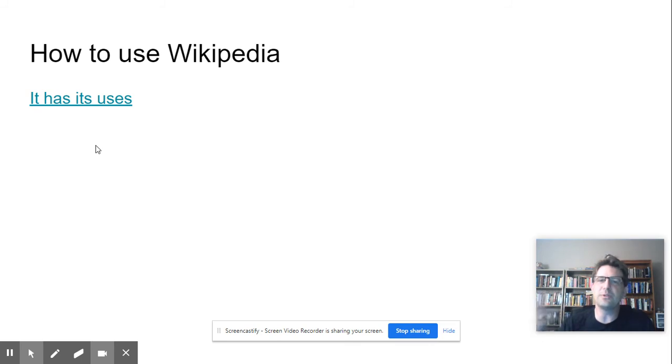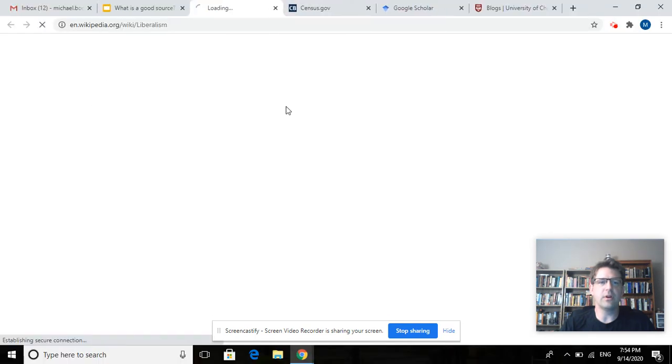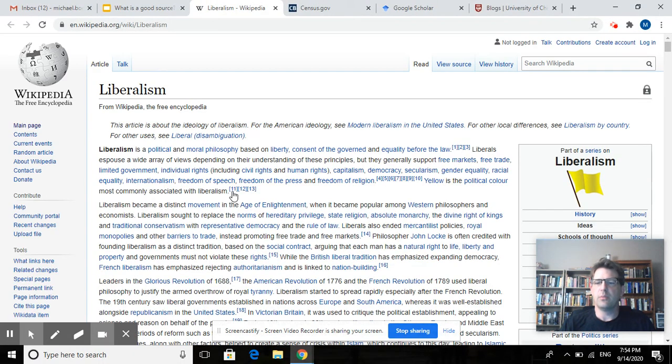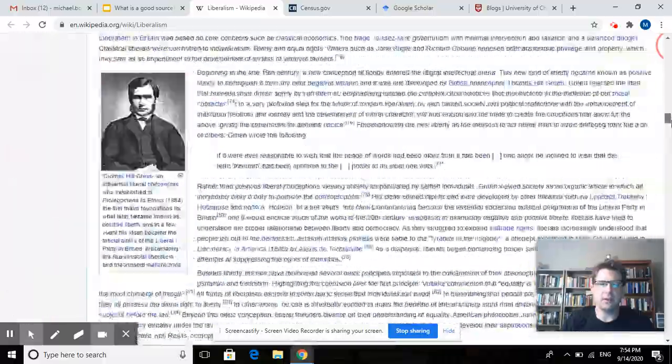So if you're researching something, let's say we're talking a lot about the differences between liberals and conservatives, and you want to look at, well, what is liberalism exactly? And you don't really know, and you just want to start somewhere. Wikipedia is a great place to start your search. So I'm going to pull up the page on liberalism here, and then, boy, look at all that.